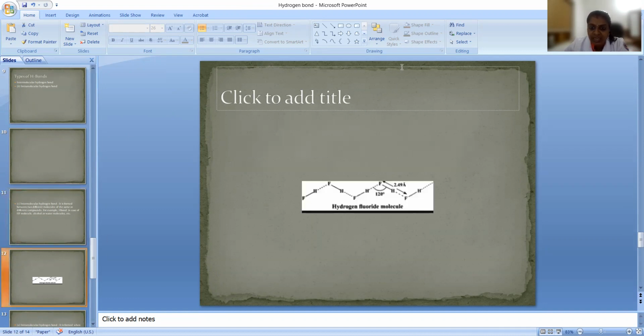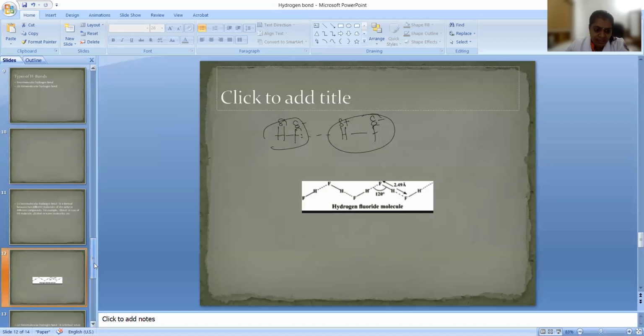If you look at HF, the molecules are bonded together by hydrogen bonds. Partially electropositive hydrogen, electronegative fluorine with a lone pair. This is in between the molecules, so that is called an intermolecular hydrogen bond.